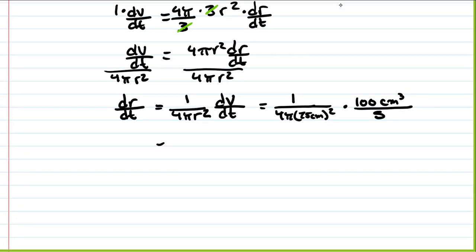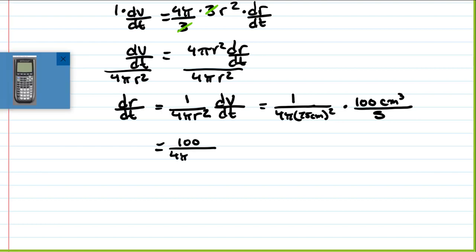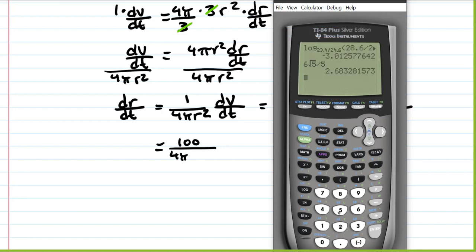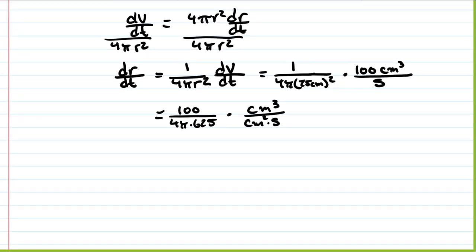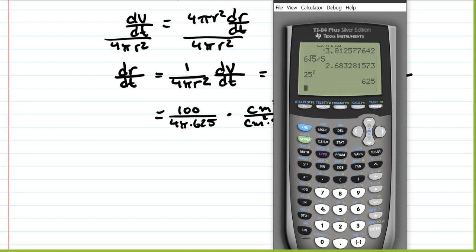So we multiply all of these together and we get 100 over 4 pi times 25 squared, which is 625, and then our units are going to be centimeters cubed over centimeters squared times seconds. So 4 times 625 gives us 2,500.